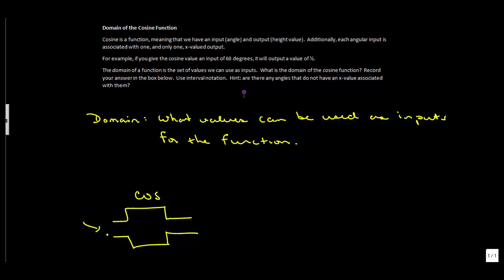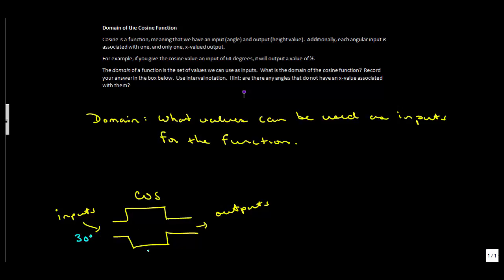The things that come into the cosine function are called our inputs, and things that come out are the outputs. So it's pretty straightforward. For example, I could input, let's say, 30 degrees.